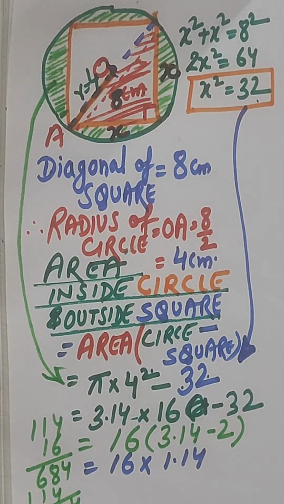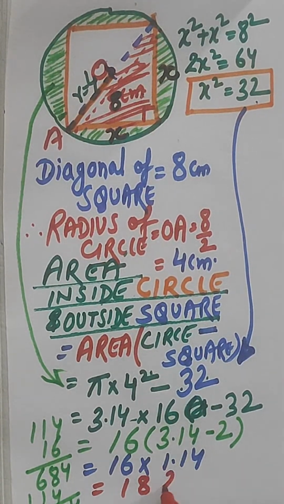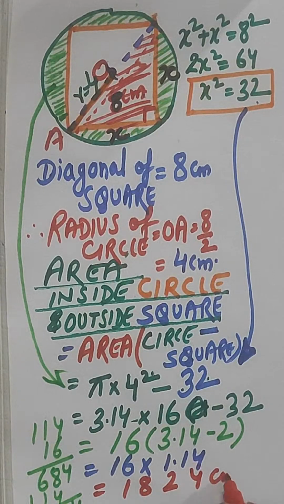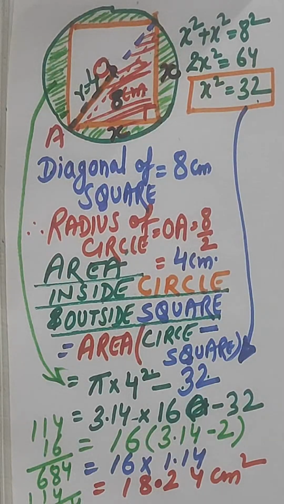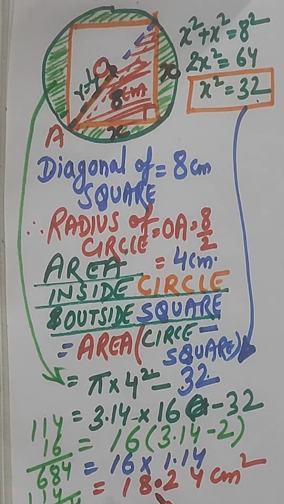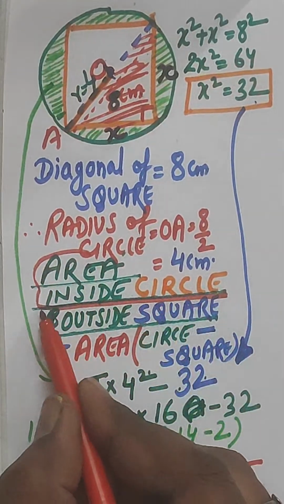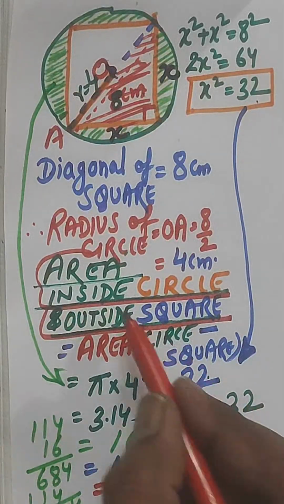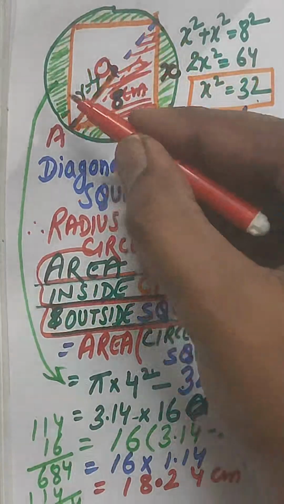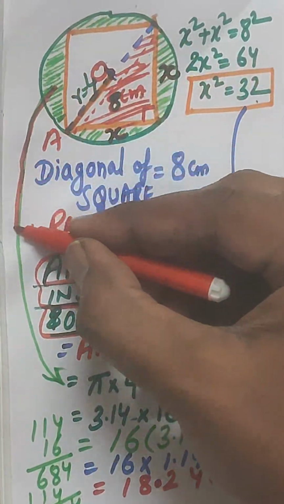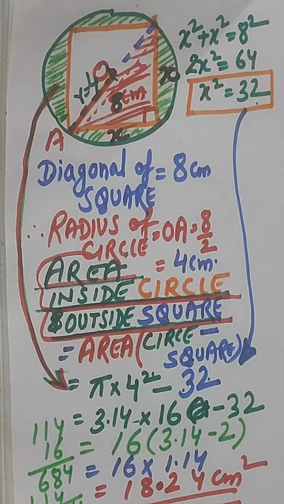Now we arrive at our answer. This is equal to 1824, and just put the decimal over here. 18.24 centimeter square is the area inside circle and outside a square. So this is the area which we are talking about. Area inside circle, outside a square.